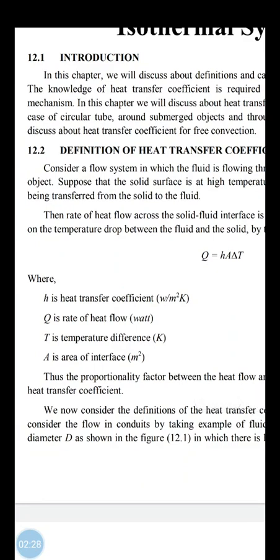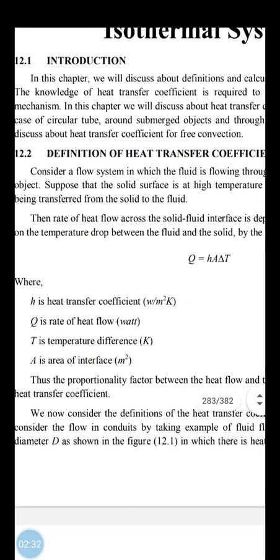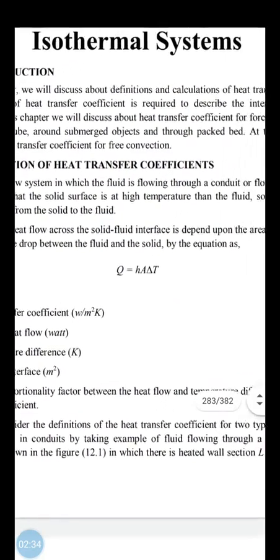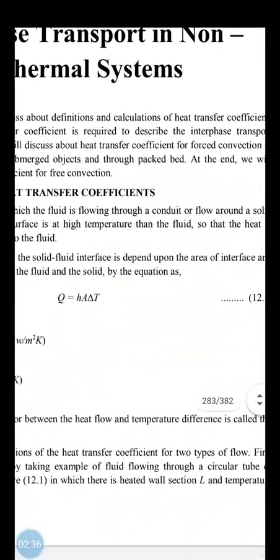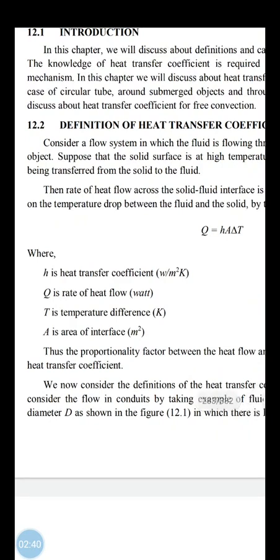Then the rate of heat flow across this solid fluid interface obviously depends upon the area of interface, and also it depends upon the temperature difference between the fluid and solid.